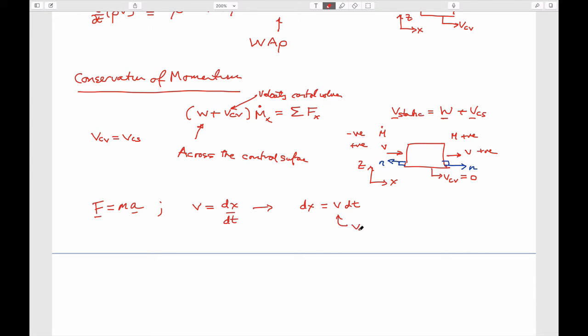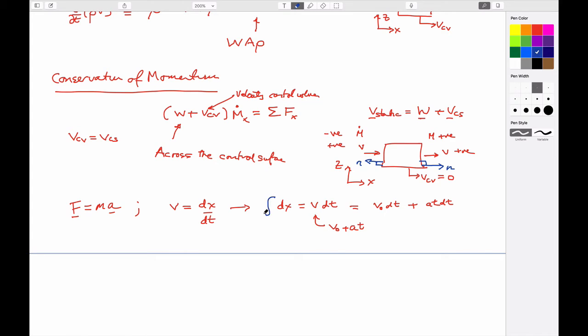Velocity, you won't recognize the derivation from this course, but you recognize it from your dynamics course. Velocity is equal to an initial velocity plus acceleration times time, which is equal to v0 dt. You only need the result of this, not this derivation, plus at dt.